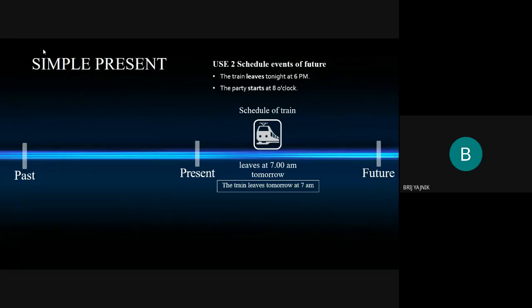Look at the examples. Train leaves tonight at 6 p.m. The party starts at 8 o'clock. Now, this is future. I'm talking about future, but I'm not saying the party will start. So if someone calls me and asks me about the get together here at my place, and I tell them that, yeah, the guests arrive at 8 p.m. in the evening, right?